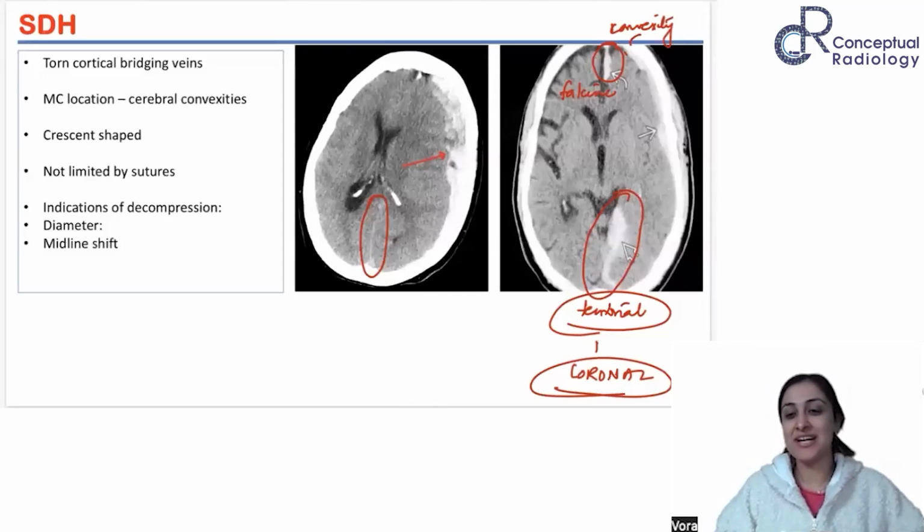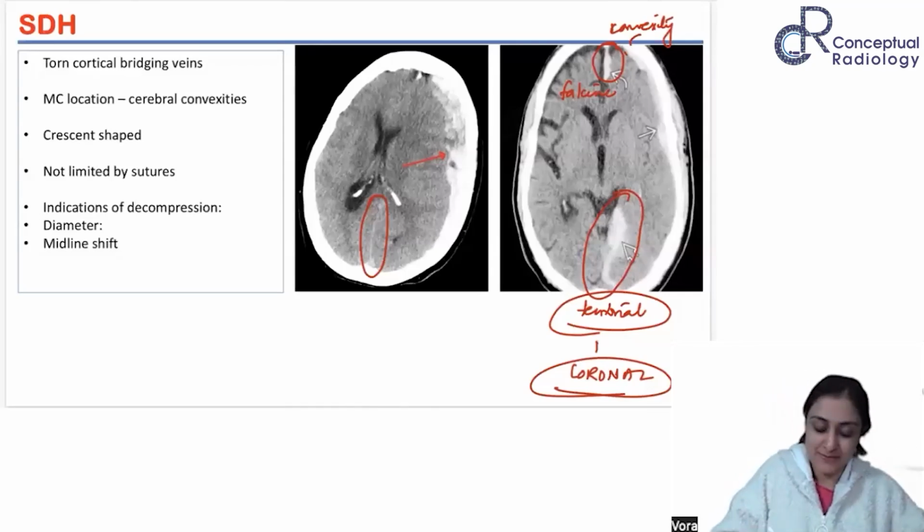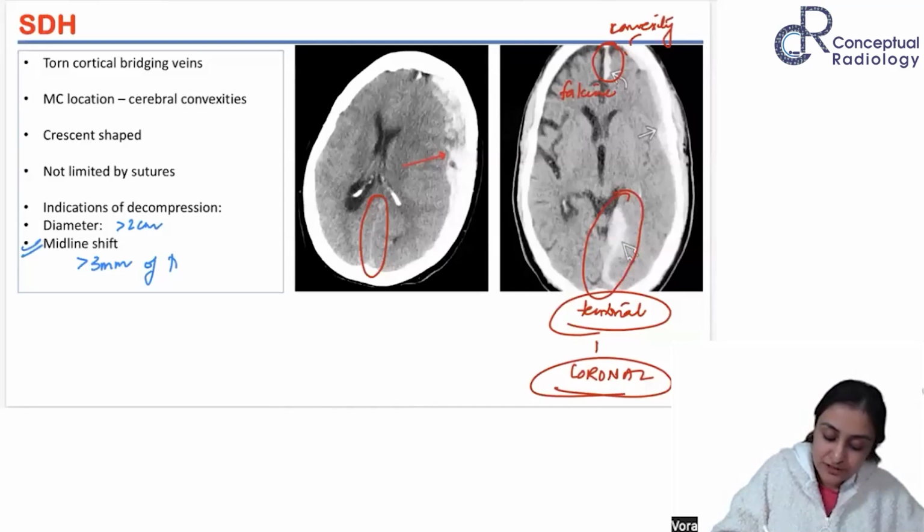But anyways, what diameter do you think SDHs are significant beyond? That was 1.5 centimeter. This is 2 centimeter. So one is more than 2 centimeter, and something very interesting is that if they cause a midline shift, it is not simply that the shift is more than 5 mm. They say that if the midline shift is more than 3 millimeters over the thickness of the SDH, what does that mean?